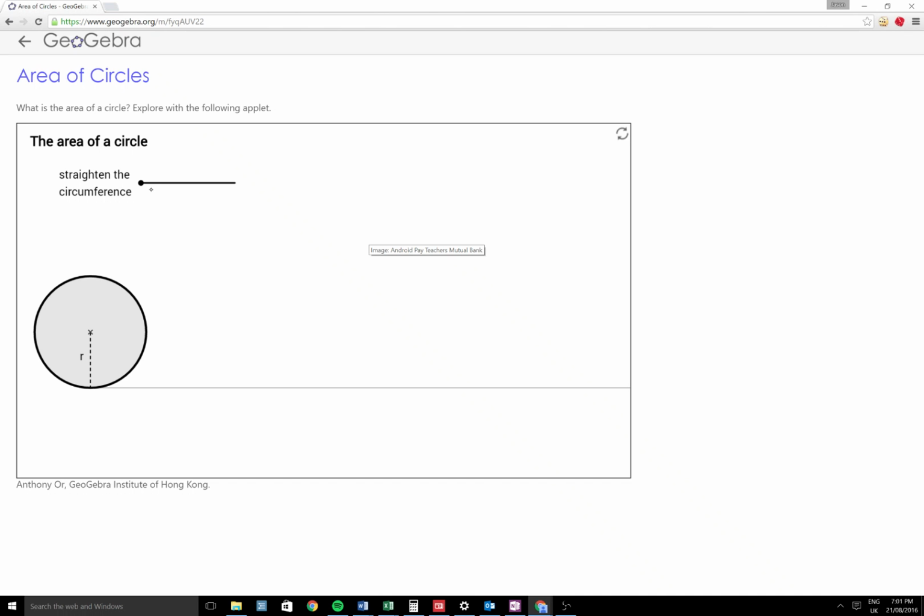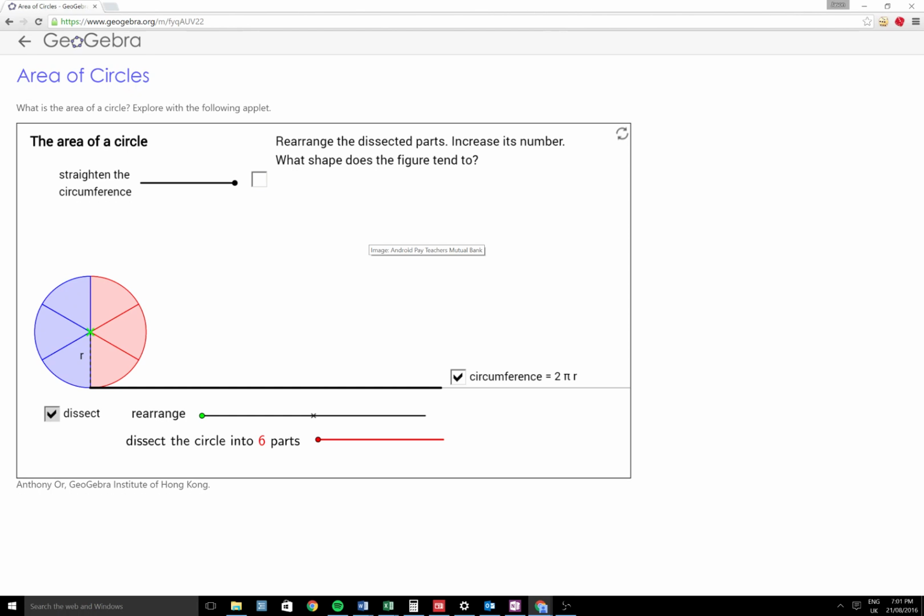The line in black is the circumference, and that line is stretched out. We know that the circumference is pi times the diameter, or twice the radius times pi. Dissect means to cut into bits, so this is in 6 equal parts.